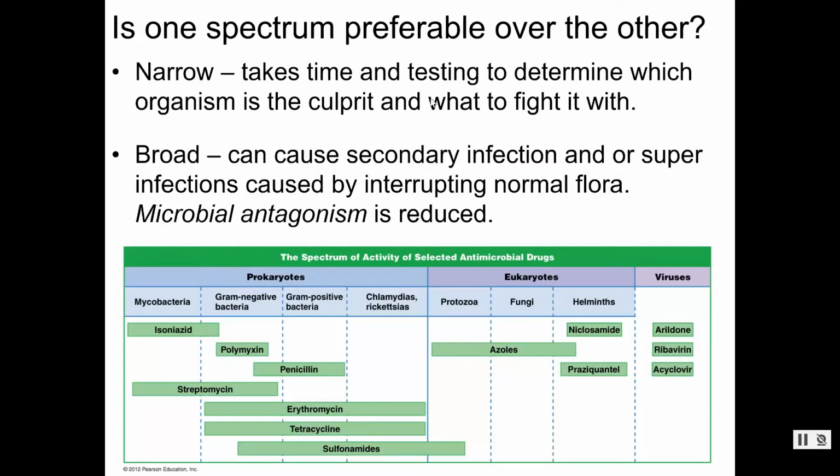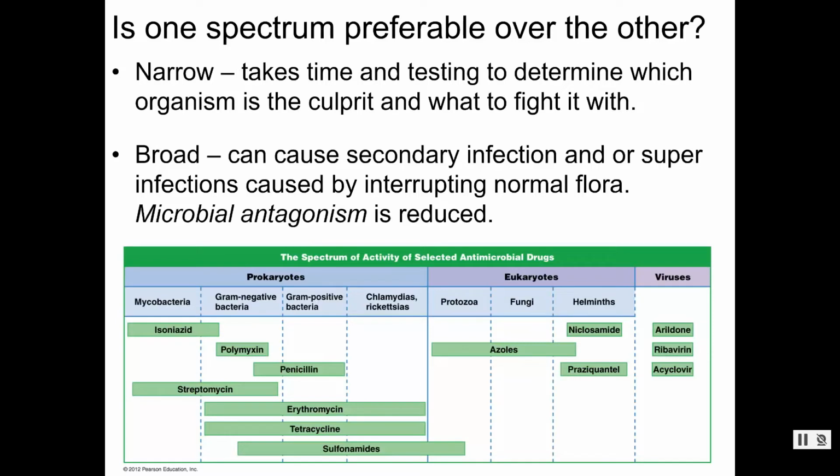Okay, so which one's better? Narrow, we said it takes time and testing to determine what that is, and you may have a more severe infection that develops while you're waiting. Broad can cause a secondary infection. The other thing about hitting it with a broad spectrum antibiotic is that we get rid of a lot of different things. As we know, any bacteria that is resistant to that broad spectrum antibiotic can also grow.